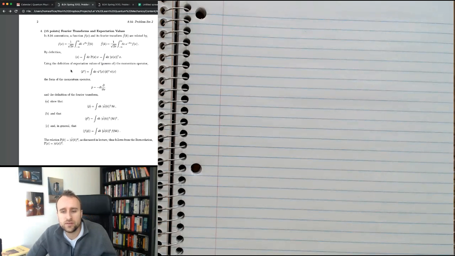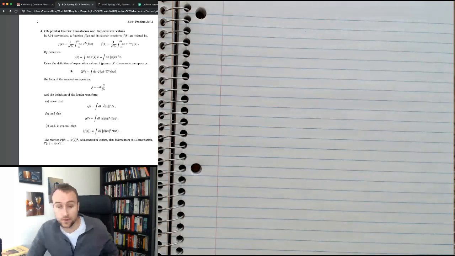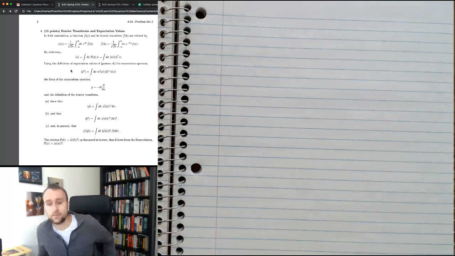So I know this intuitively, but I'm trying to figure out how to prove it with math. But basically, I need to show that the expectation of taking the momentum observable corresponds to the Fourier transform.